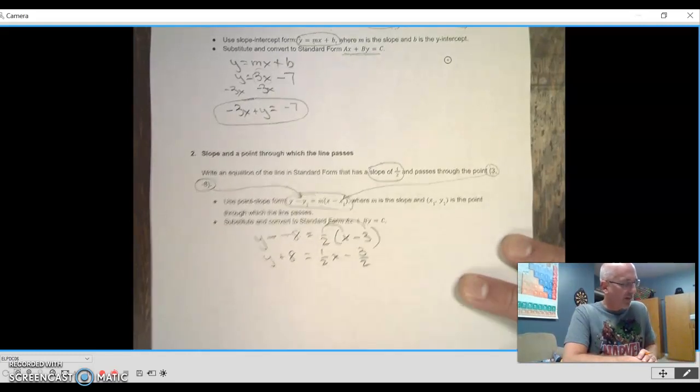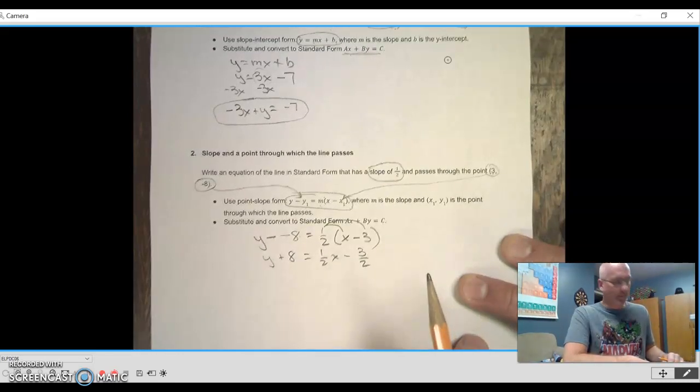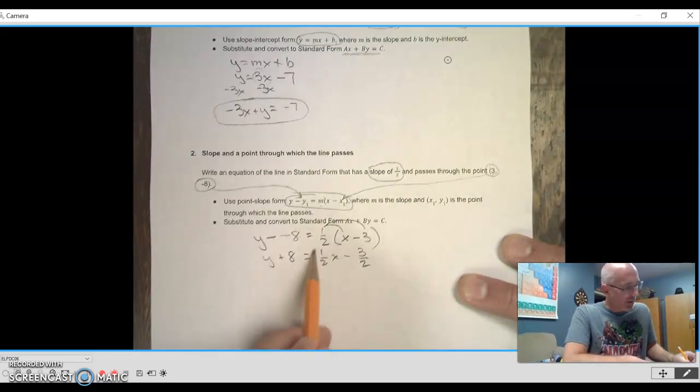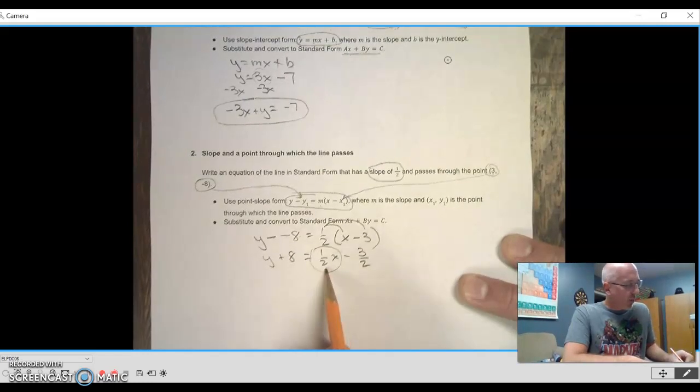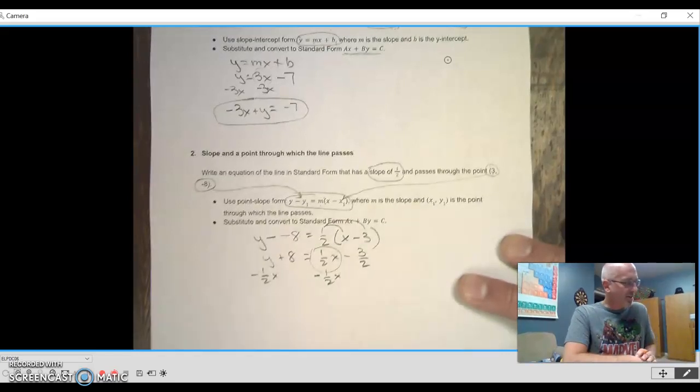That's negative 3/2. Now, starting to get simpler, we're going to move our x and our y value over to the left, and everything that's a constant over here to the right. So let's do one step at a time. Let's get this 1/2 x out of here. So we are going to subtract 1/2 x from both sides.